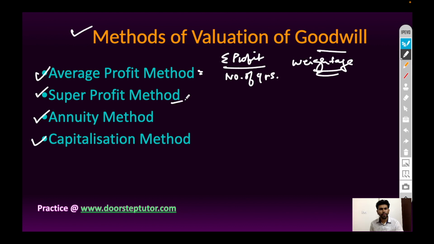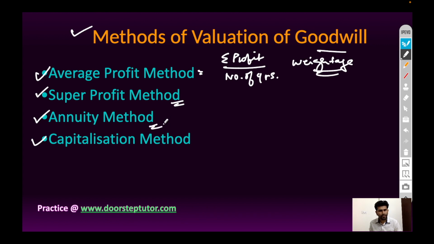In case of super profit, we have to deduct the normal profit from the average profit. How much additional profit a business organization has earned as compared to its competitors is called super profit.